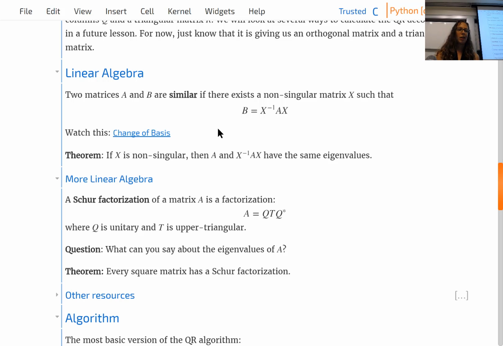Exactly. So we watched a 3Blue1Brown video last time. What's the analogy they used about similar matrices? They were using a language analogy? Yes. And what's happening between A and B?